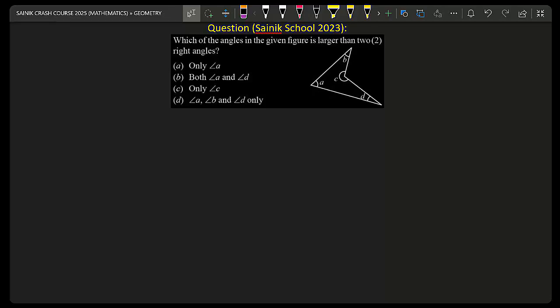Bhuvana, read the question loudly. Which of the angles in the given figure is larger than two right angles?